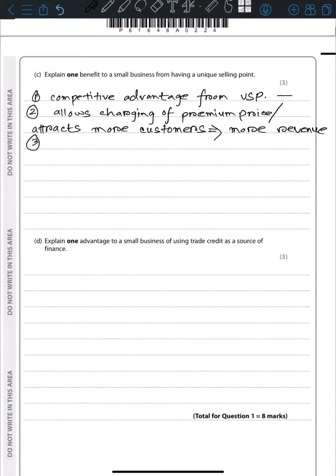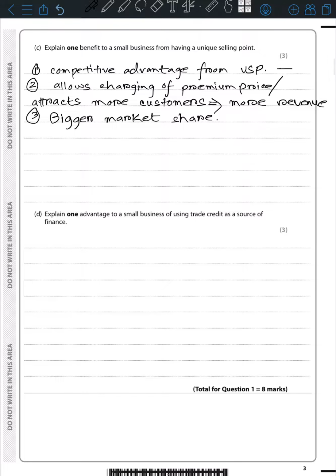So how our second point that we have written is going to benefit my business. So the analysis part, that is, if we have more customers and more revenue, that will translate to a bigger market share. So because of this, the market share of the business will increase, or the business will enjoy a bigger market share, and that is all that we have to write in this answer.